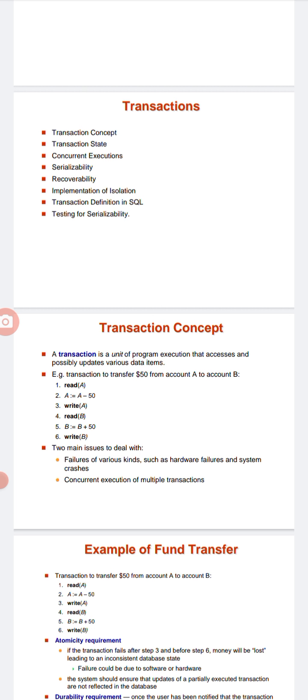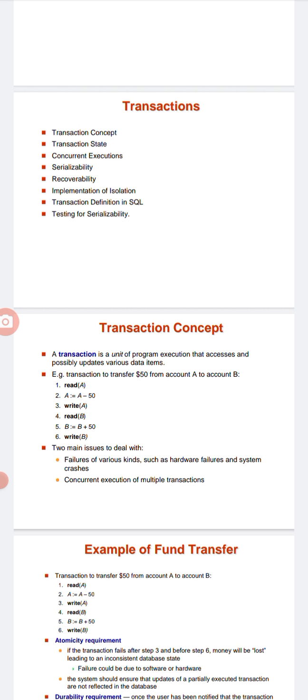That means from account A we debit 50. Then write A. Again read B. After writing we read the second account B, the user's account B. Then the next instruction is B equals B plus 50. That means 50 is credited, addition means credit there, and now the last is write B.